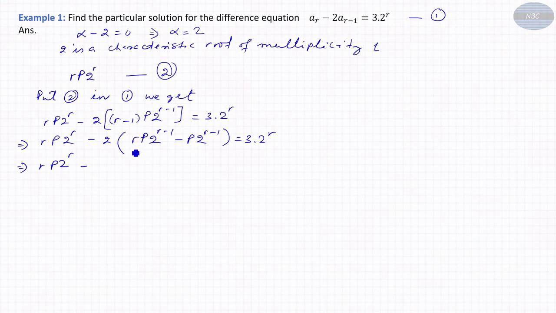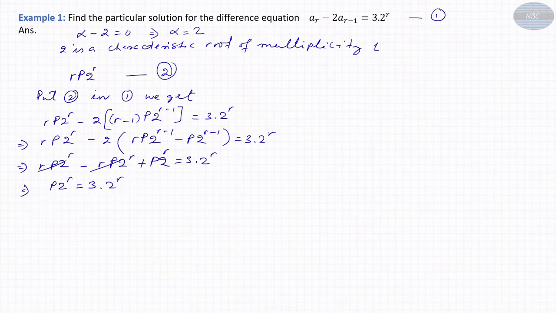Now multiply this 2 in: 2 into 2 to the power minus 1 is 1, so we have r into p into 2 to the power r minus r into p into 2 to the power r, plus p into 2 to the power r, since minus into minus is plus, is equal to 3 into 2 to the power r. So this cancels out, and we have p into 2 to the power r is equal to 3 into 2 to the power r.